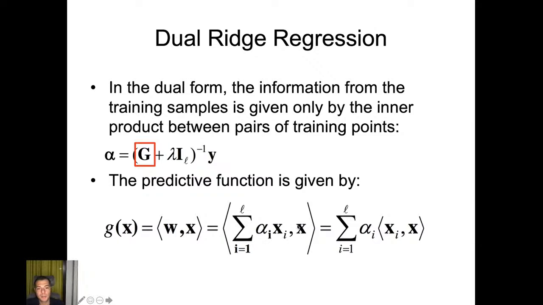But we can also rewrite this as the sum of the weights alpha i multiplied with a scalar product between the vectors xi and the vector x. This is how we get the prediction.